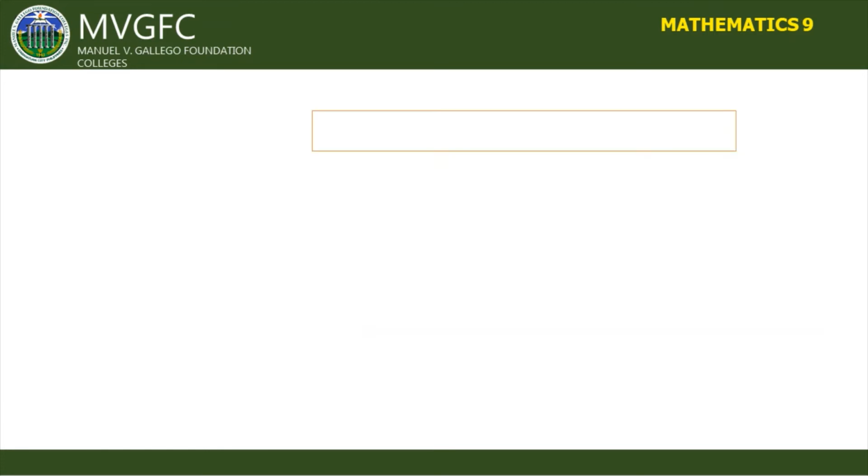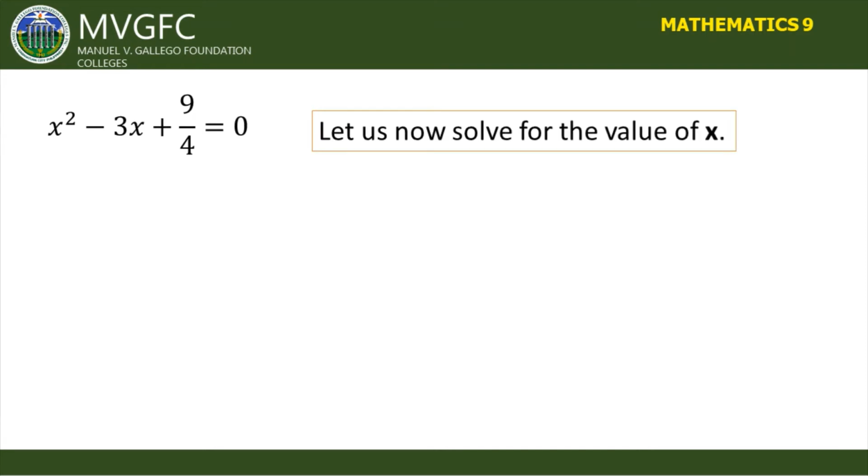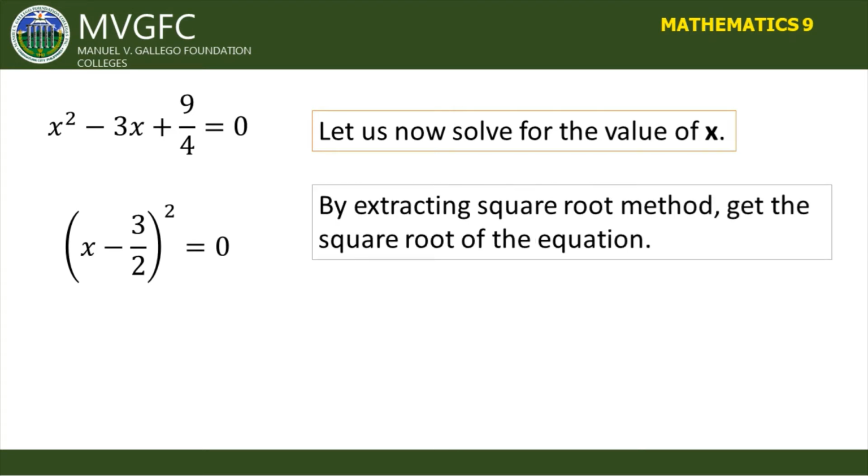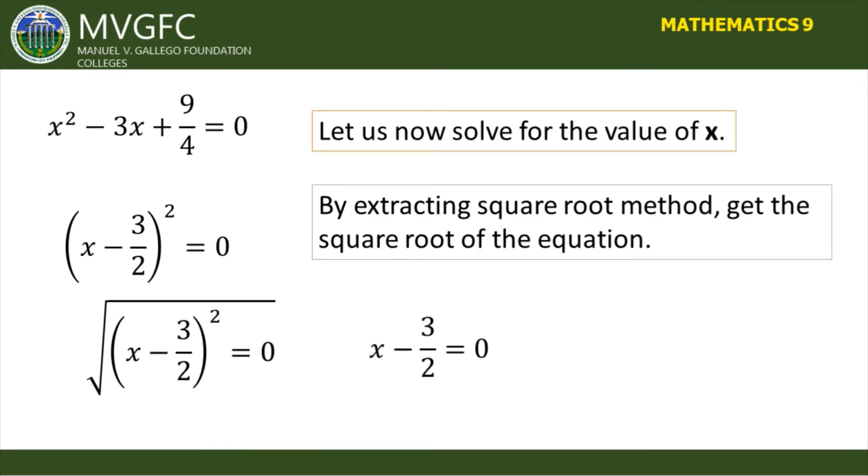With that, let us now solve for the value of x. We have now x squared minus 3x plus 9 over 4 is equal to 0. By the extracting square root method, get the square root of the equation. We have now (x minus 3 over 2) quantity squared is equal to 0.